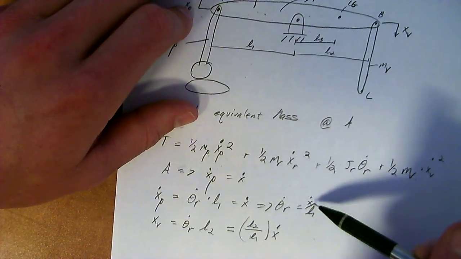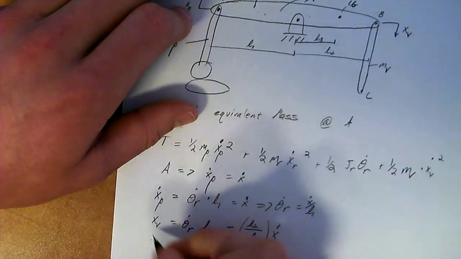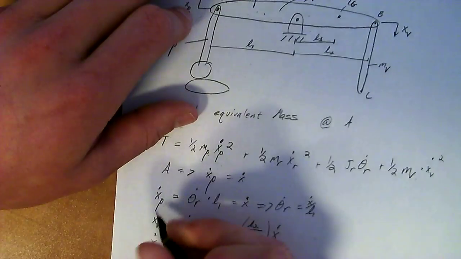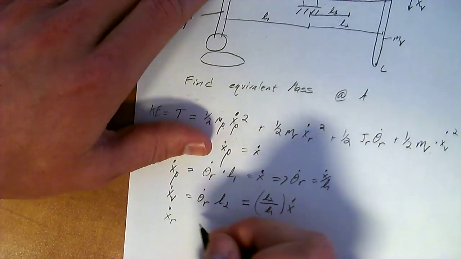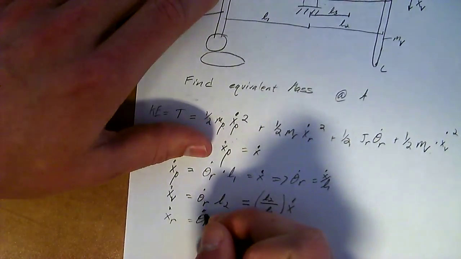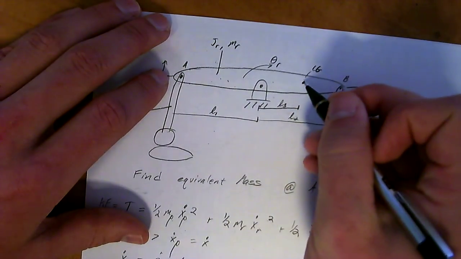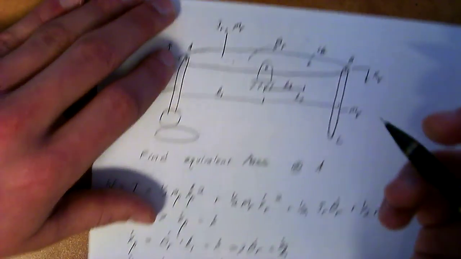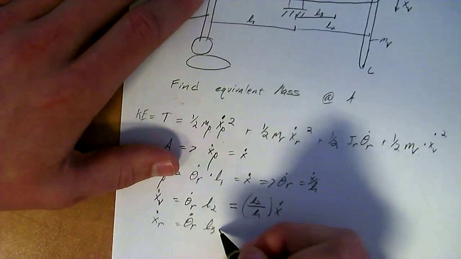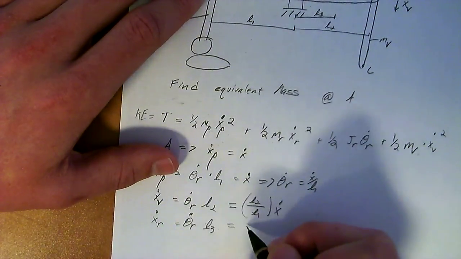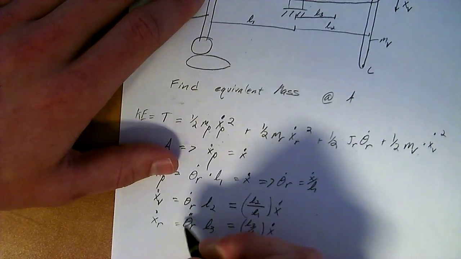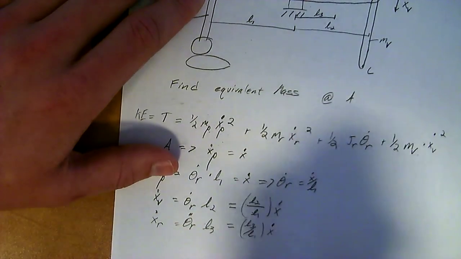Then x dot r is equal to theta dot r times L3. This is basically the location of the mass, the center of gravity right here. So this is where you would say the mass is. This is going to be equal to L3 over L1 times x dot, by the same logic of theta r coming right here and being subbed in here.